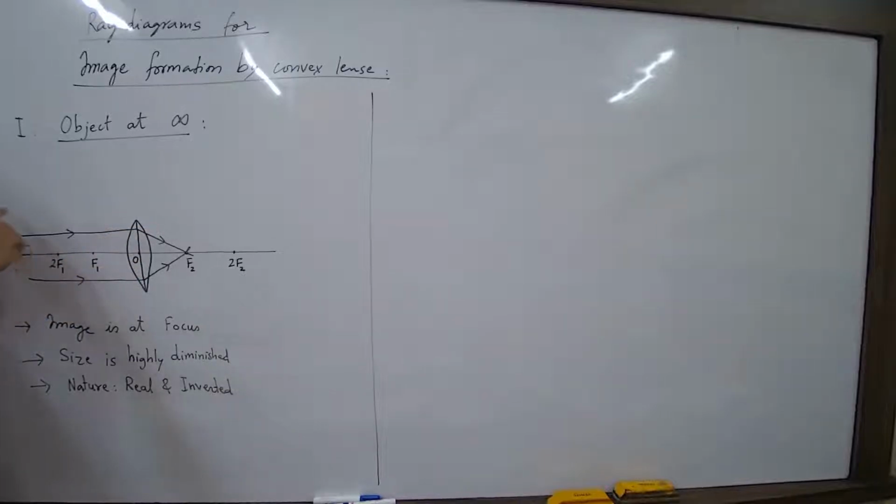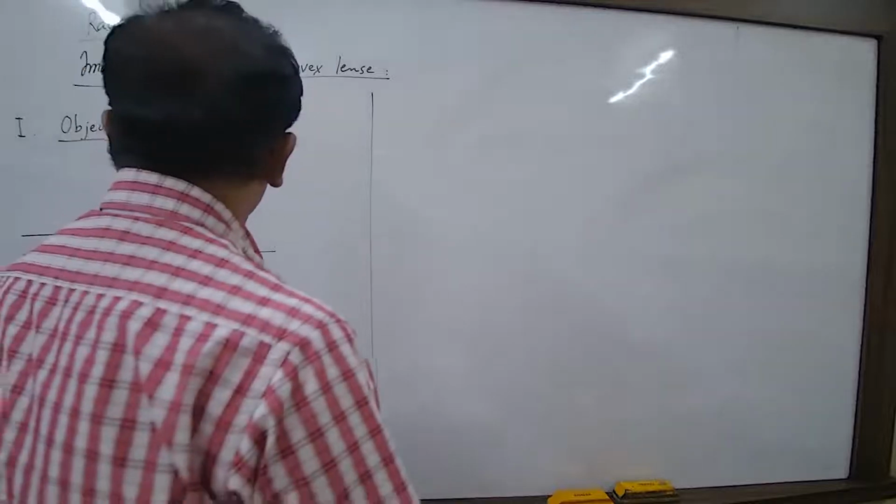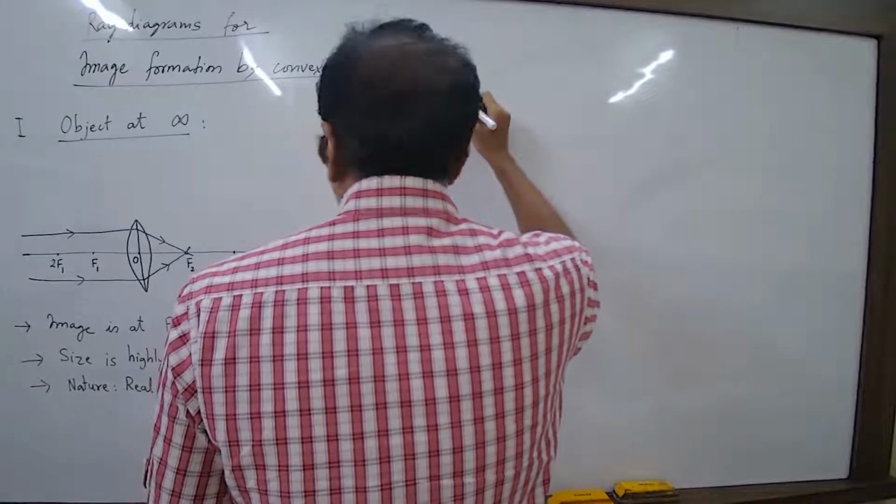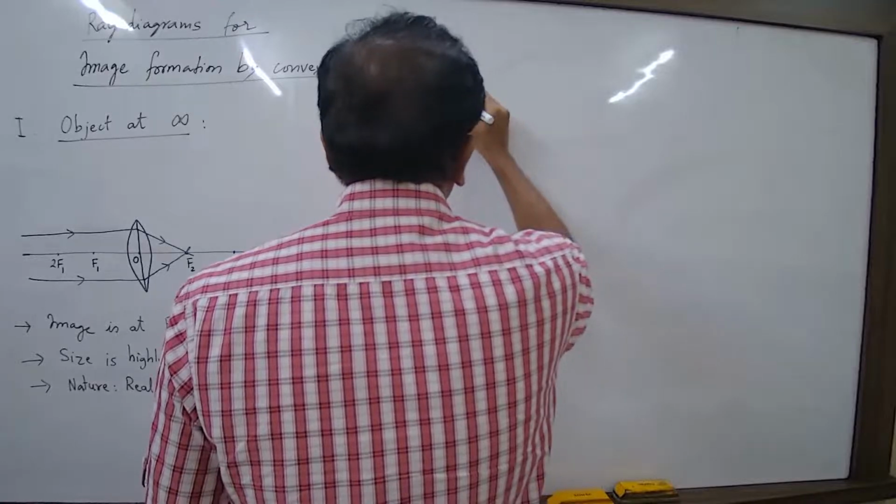The other is the ray passing through focus, and the ray passing through optical center. In this case we don't need them, so with the parallel rays itself we got the image. Second is object beyond 2F1.